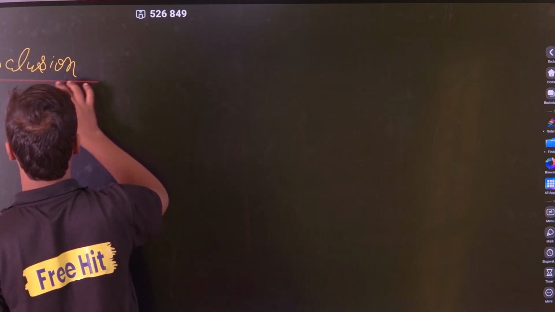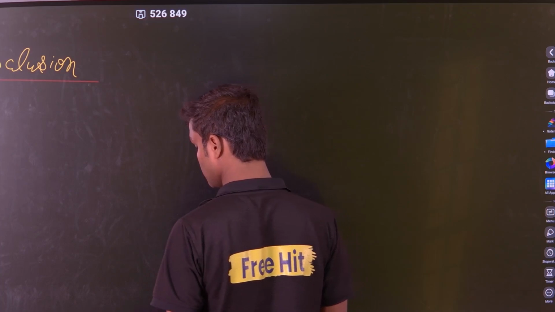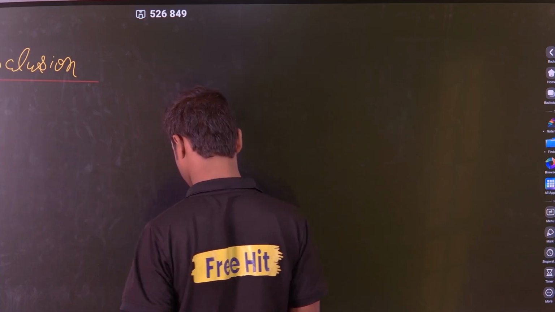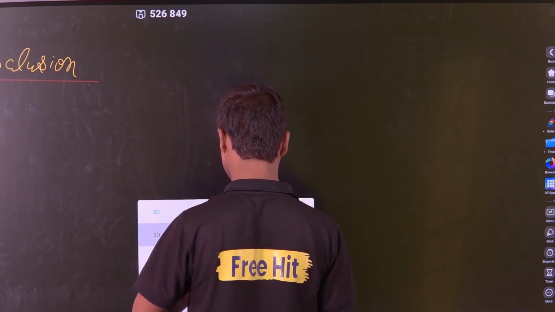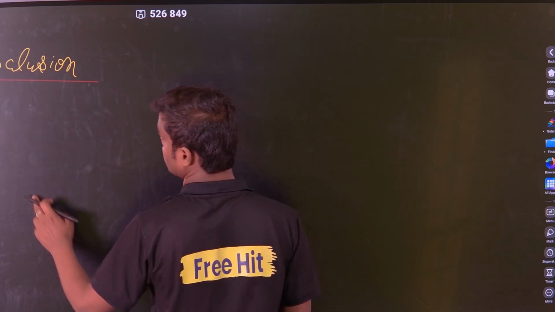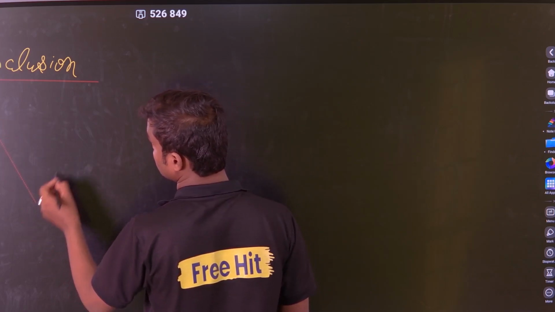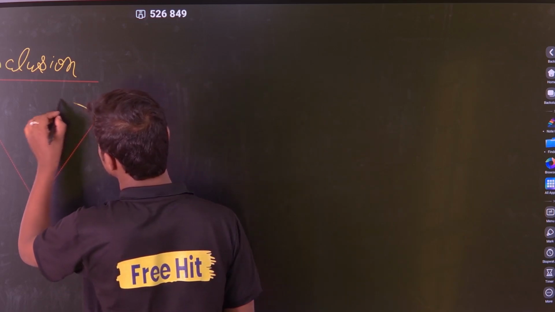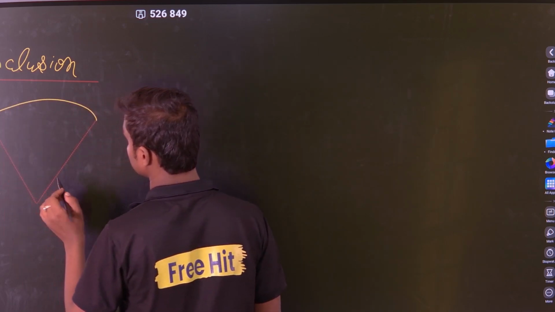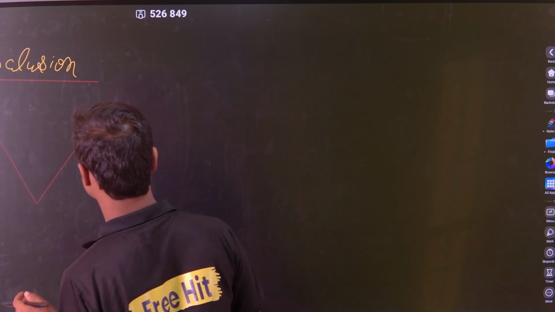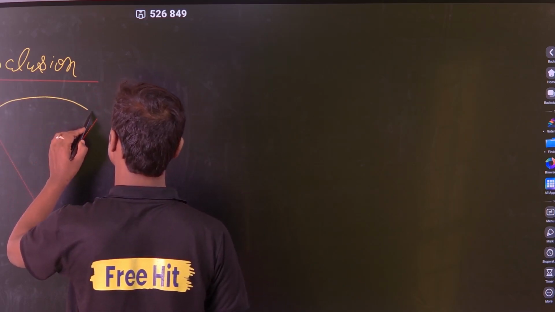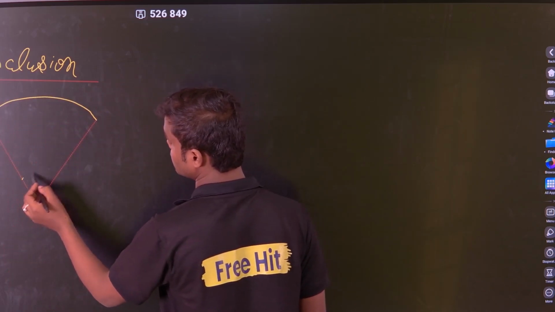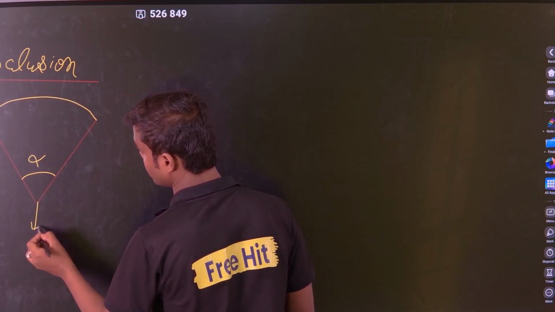The conclusion is very simple if you try to understand. Suppose this is my arc, let me draw it properly. If this angle is alpha, you will get the net field in this direction.